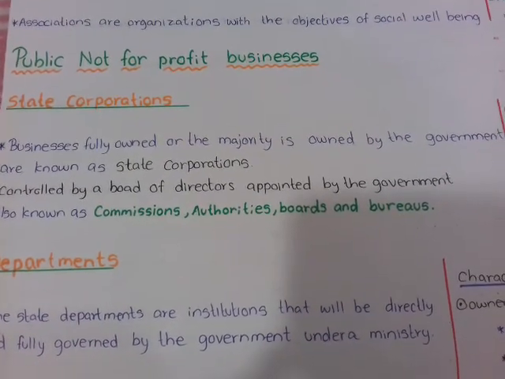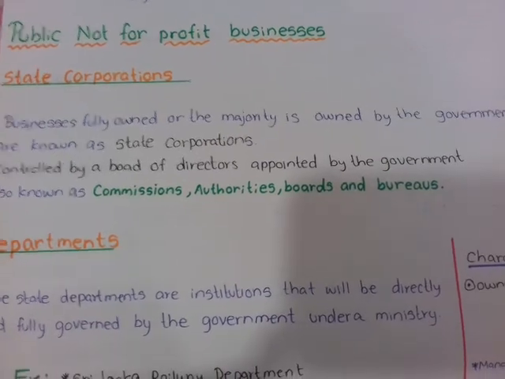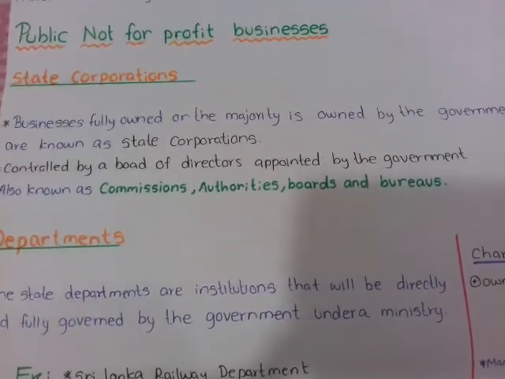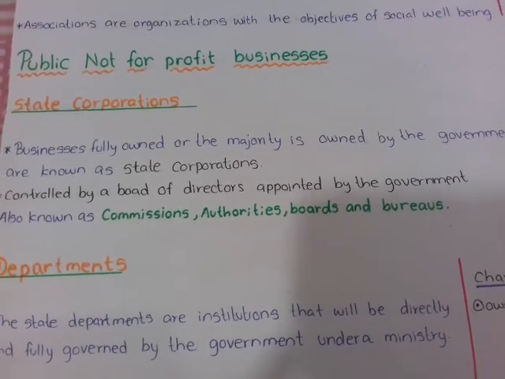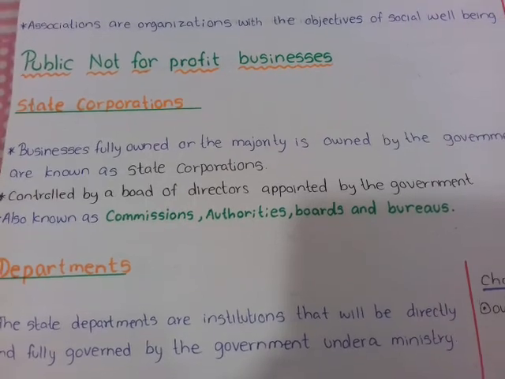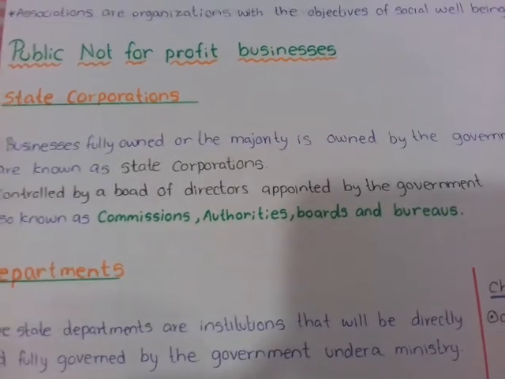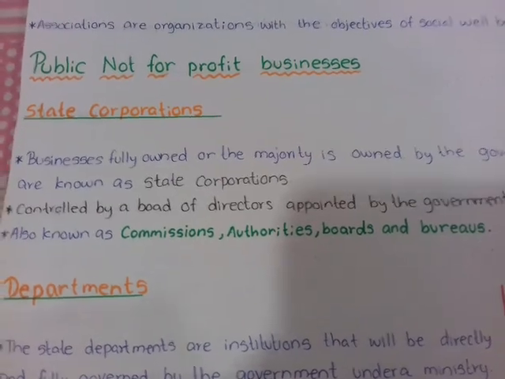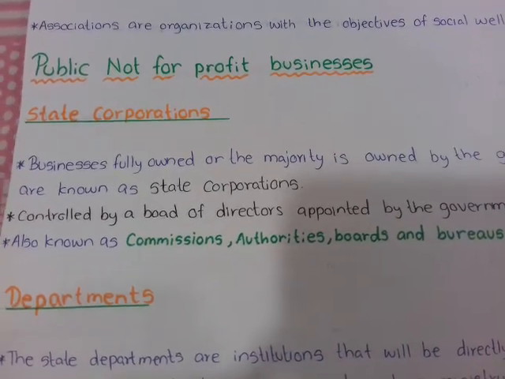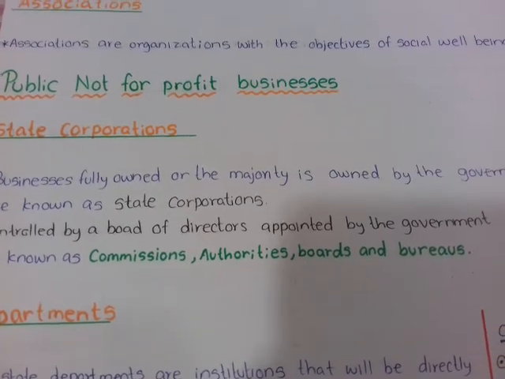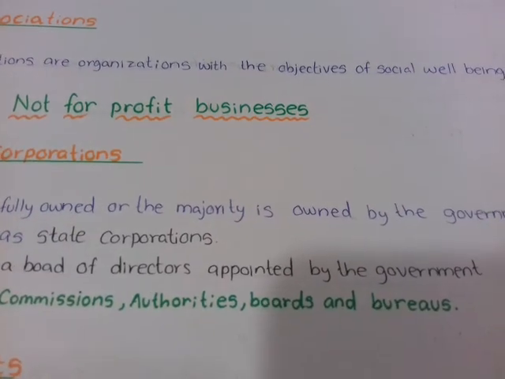This corporation or the business is owned by the government, maybe fully or the majority. And it is controlled by a board of directors also appointed by the government. And state corporations are also called commissions, authorities, boards, and bureaus.